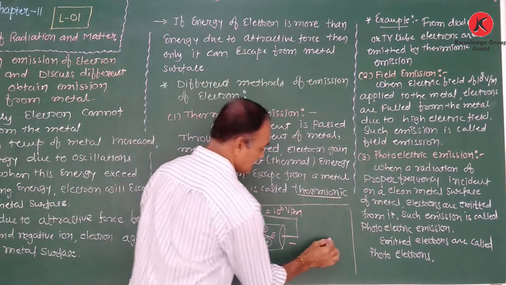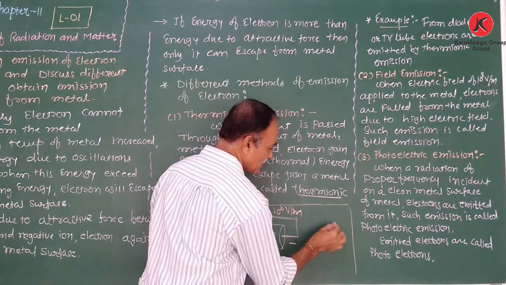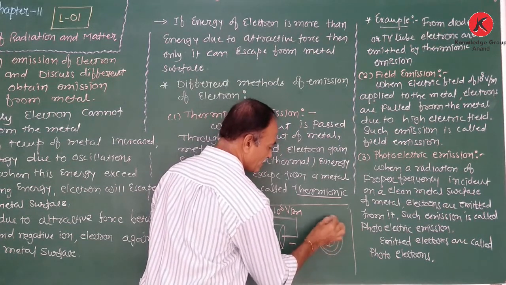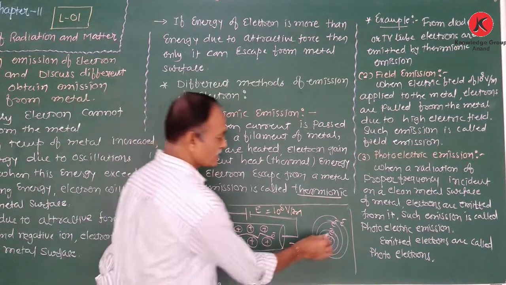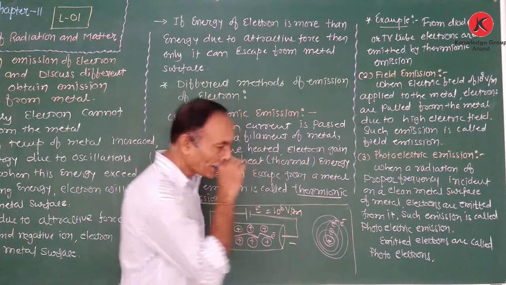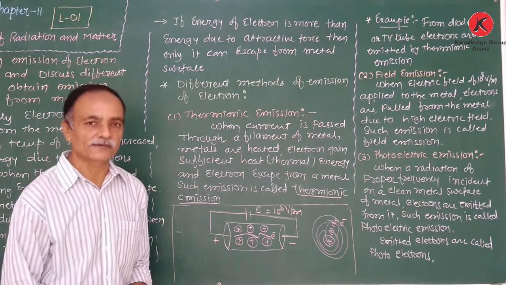Already we discussed this in atoms. The nucleus is positive charge. Electrons revolve in circular orbits around the nucleus. So some electrons are bound with the nucleus and in the outermost orbit the electrons are free.